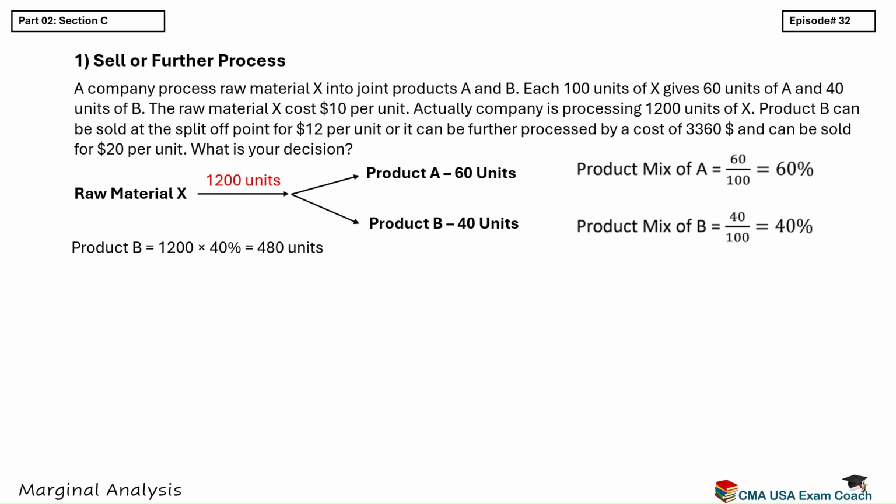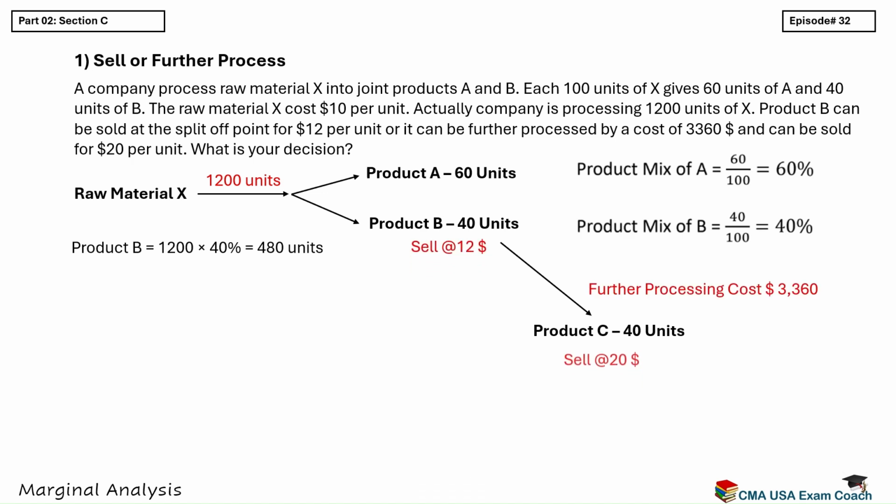Now the company has two options. Sell Product B as it is, at the split-off point, for $12 per unit, or further process it, which costs $3,360 in total, and then sell it for $20 per unit. So let's compare both scenarios. Option 1. Sell at split-off point.